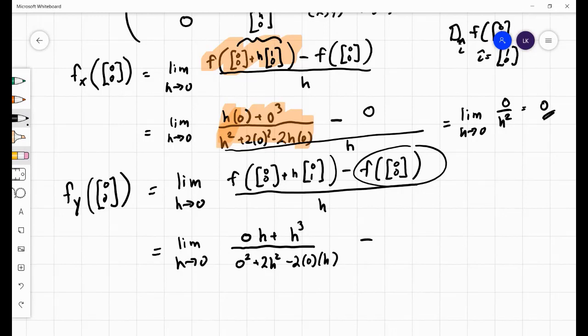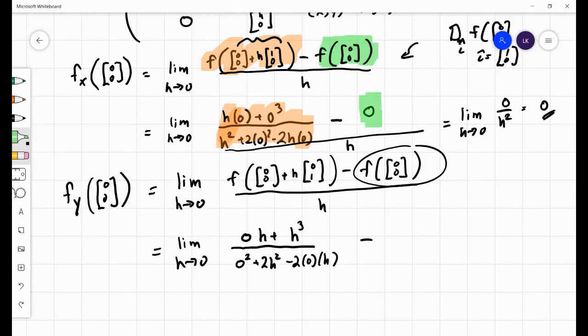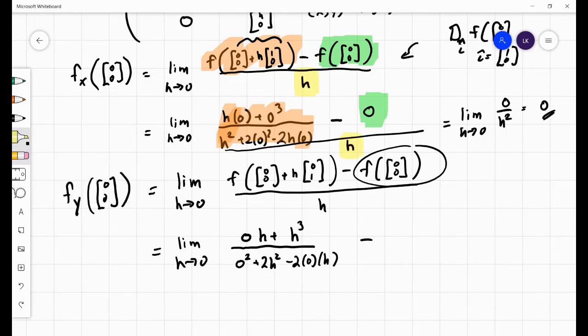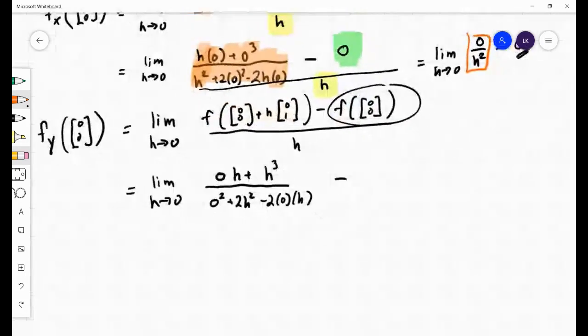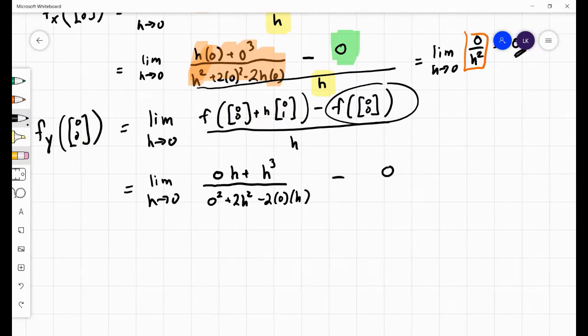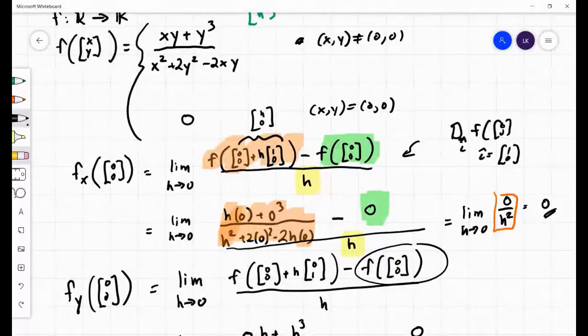I forgot the full thing. I apologize for that. So this was this, and then we had an h in the denominator, and that reduced to this after plugging everything in. So same thing: the function at the origin was defined to be 0. That came from this piecewise definition.